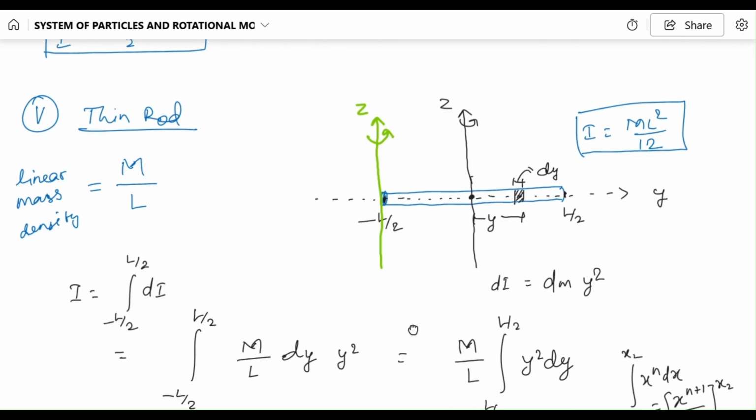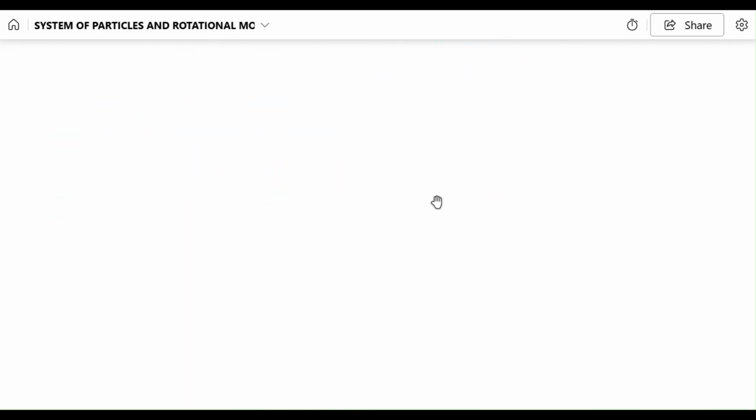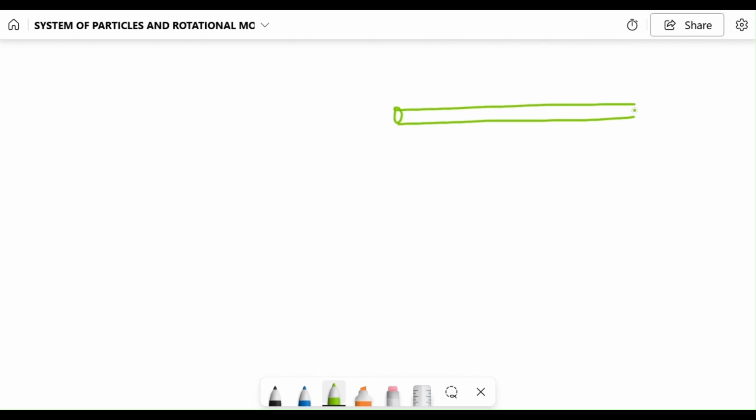So here, coming back to a new place. Okay, if we have a thin rod here, and we know its moment of inertia about an axis which is passing through its center, let's say this is the z axis, and its length is L and its mass is, let's say, m.